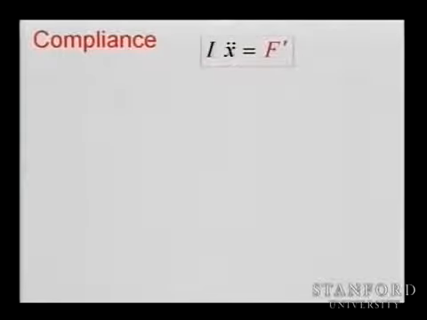So let's just take a case of just 1 degree of freedom. You have an inertia, some displacement, and you have a force. And we come to this all the time by decoupling the system.